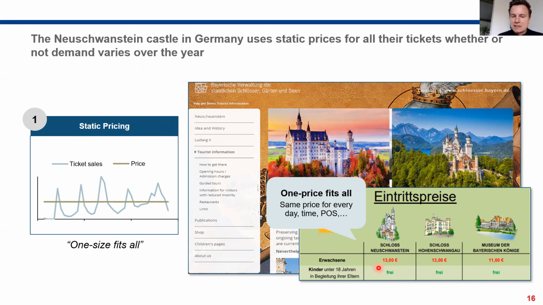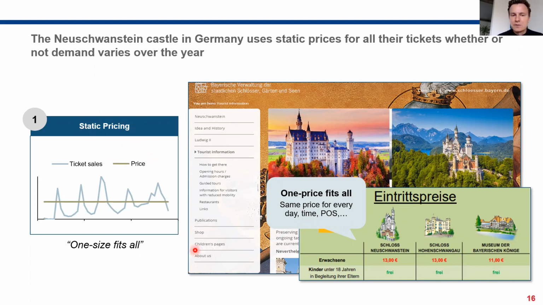For adults, they have a €13 fixed price, which means even if they have high demand situations, they still will always charge €13. So it's the same price for every day, for every time, for every demand situation, and for every point of sale, for example, the website.